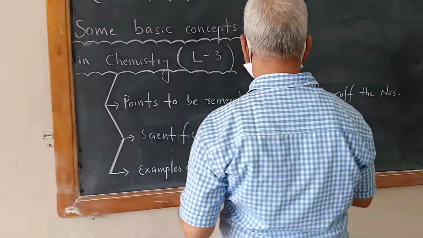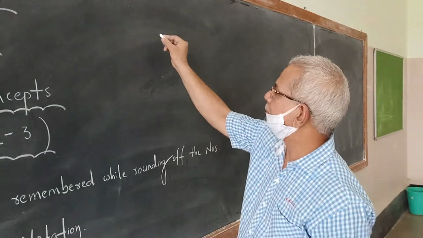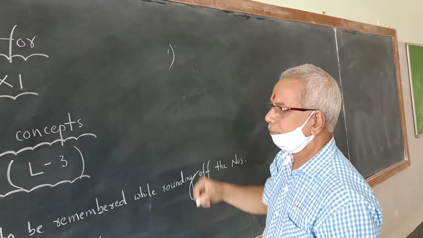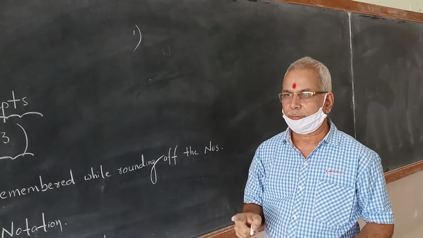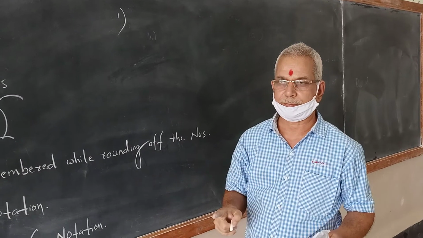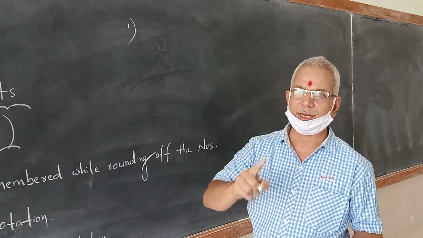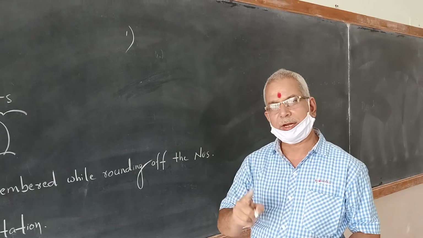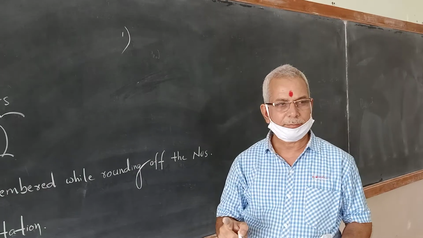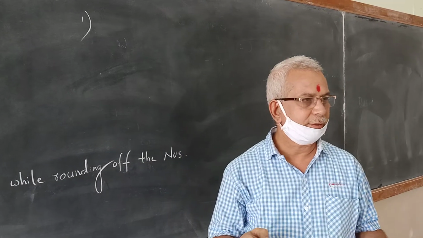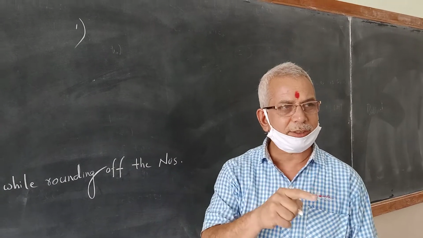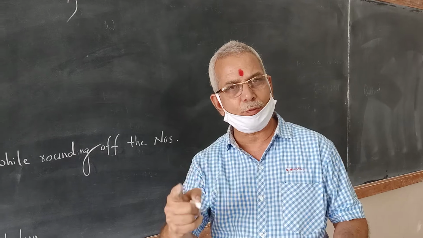Rule number 1. After your calculation, if you want to round off, first concentrate on the last digit. If the last digit is more than 5, then its previous digit is increased by 1.